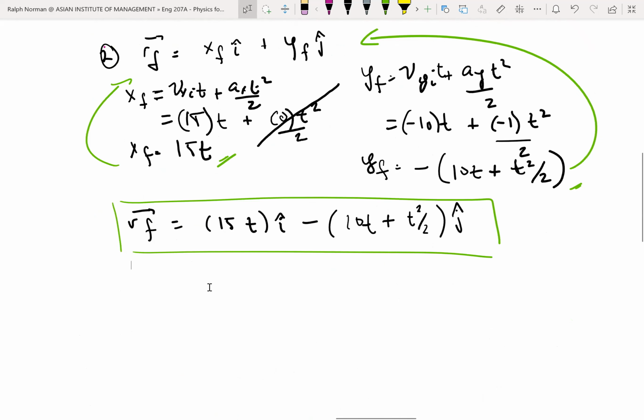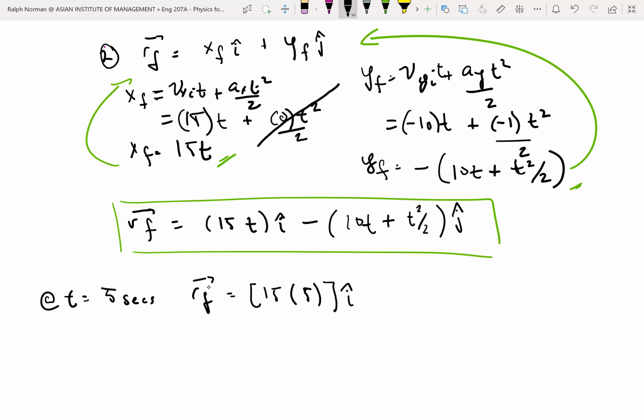Okay, so using lang this person, so wait lang. This will be my final problem na lang siguro. I'll show you the rest na lang later. The time t at 5 seconds. You have this equation na magiging 15 times 5 vertical, and then this one will become 10, 5.